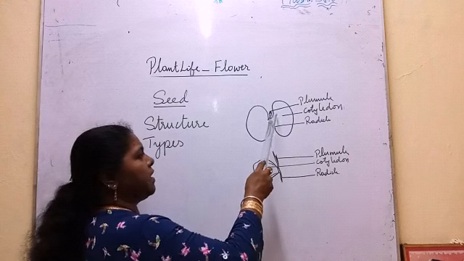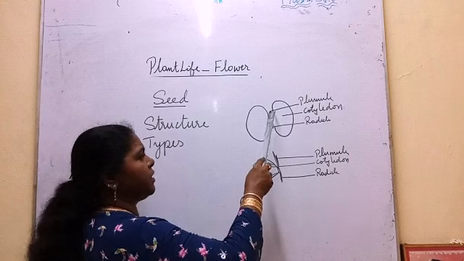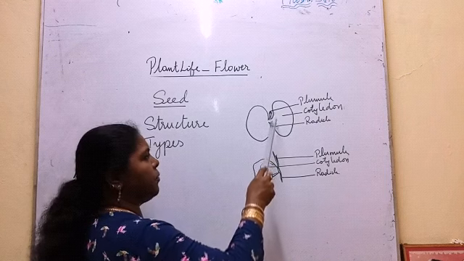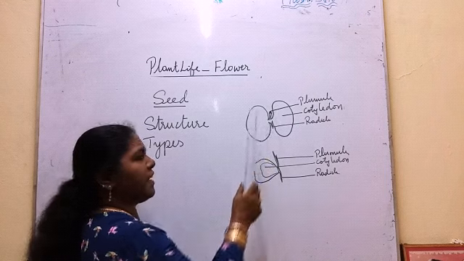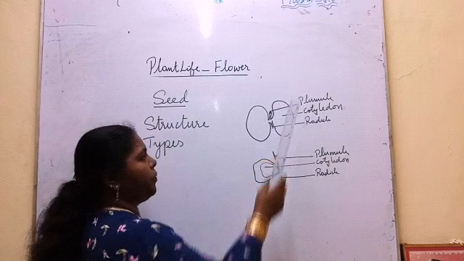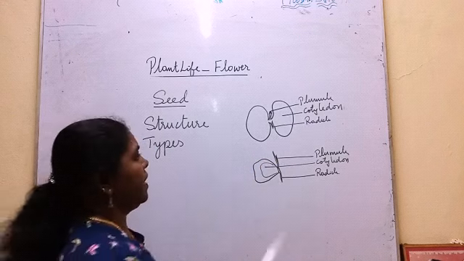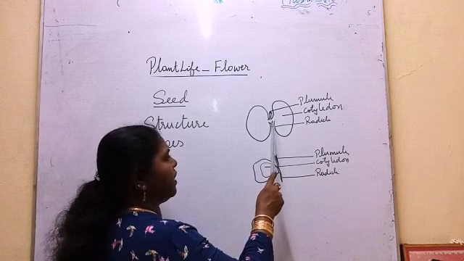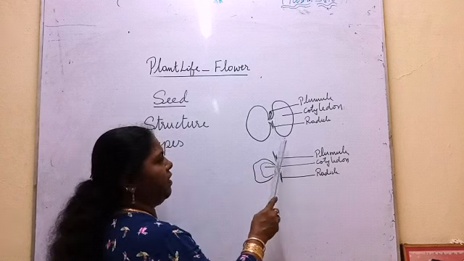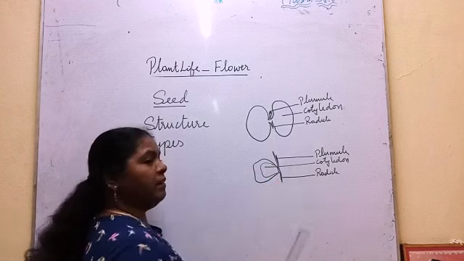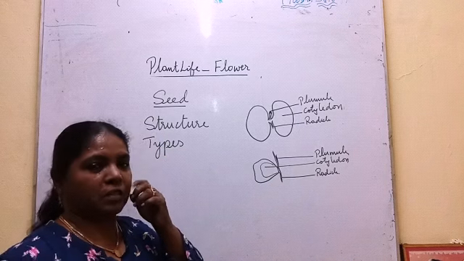The cotyledon is connected with the stem-like structure. The upper portion is light green, that is called plumule. Plumule develops into shoot system, and the lower part is thin and white or creamish in color, that is called radicle. Radicle develops into root system.